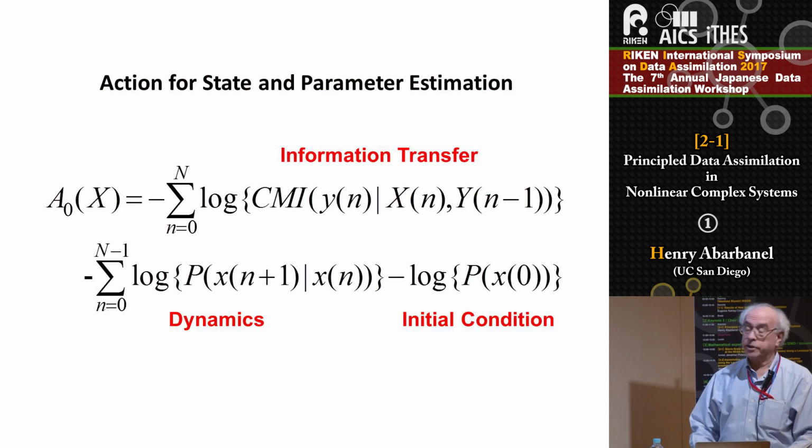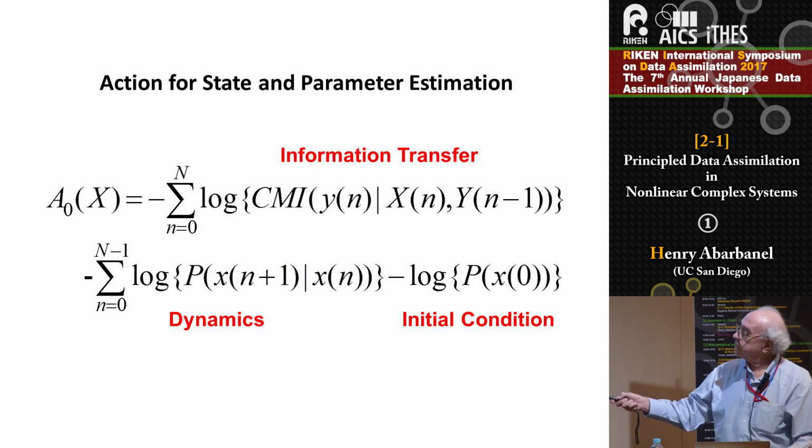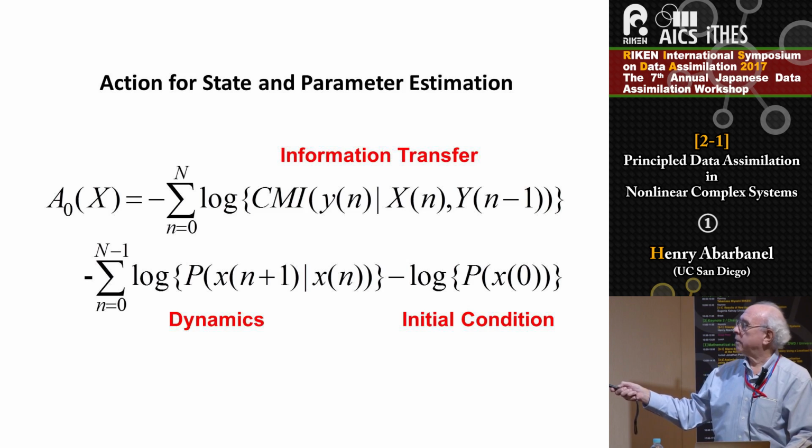All right, here's the action again. It's information transfer. I would like to note that the information transfer, which means conditional mutual information as defined by Shannon in the 1940s, of the measurement now, with all of the states up till now, also depends upon the measurements up till now.